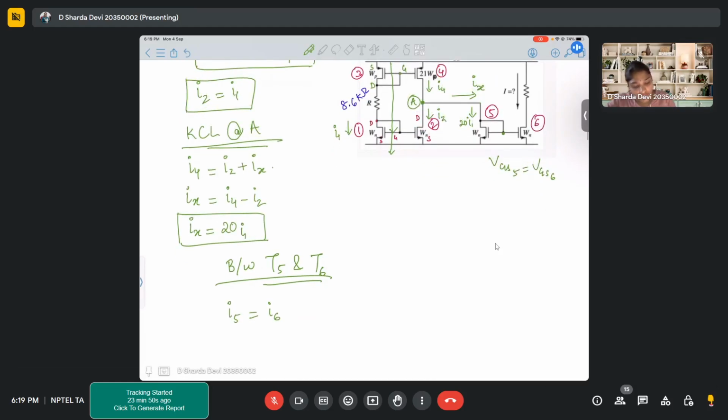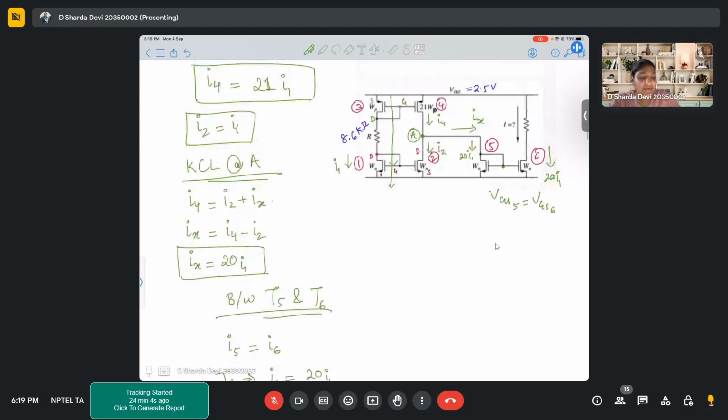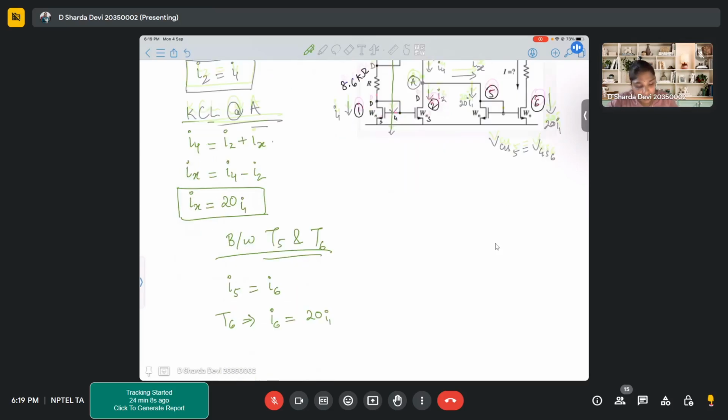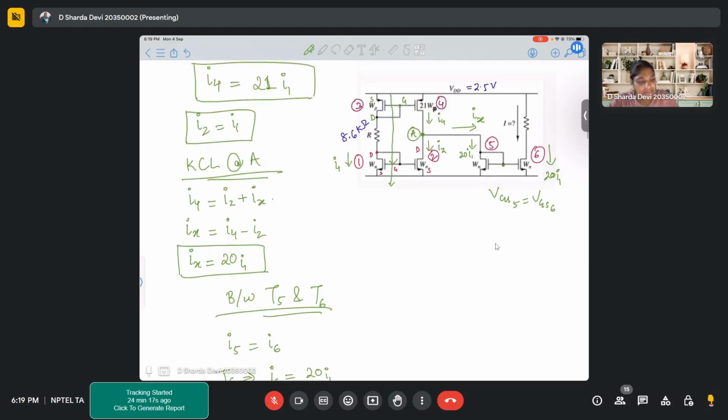So the same current will flow through transistor 6, so I6 is equal to 20 I1. Now, if 20 I1 is flowing through this transistor, then what will be the current flowing through the resistor? Same 20 I1. So I will be 20 times of I1. The current flowing through this resistor is 20 times of I1.